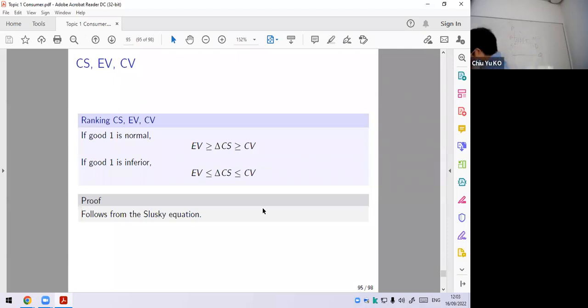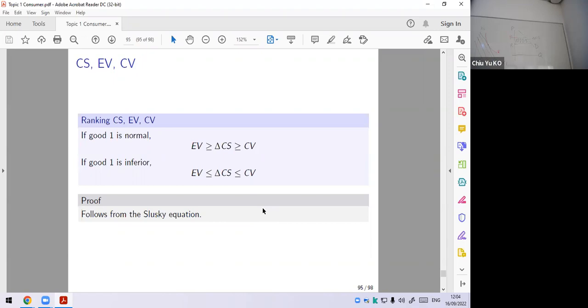So let me briefly review what we have done today, and then we go to talk about the firm part. We spent almost 2 classes going over the consumer part. We skipped a lot of proofs because we don't really have time.